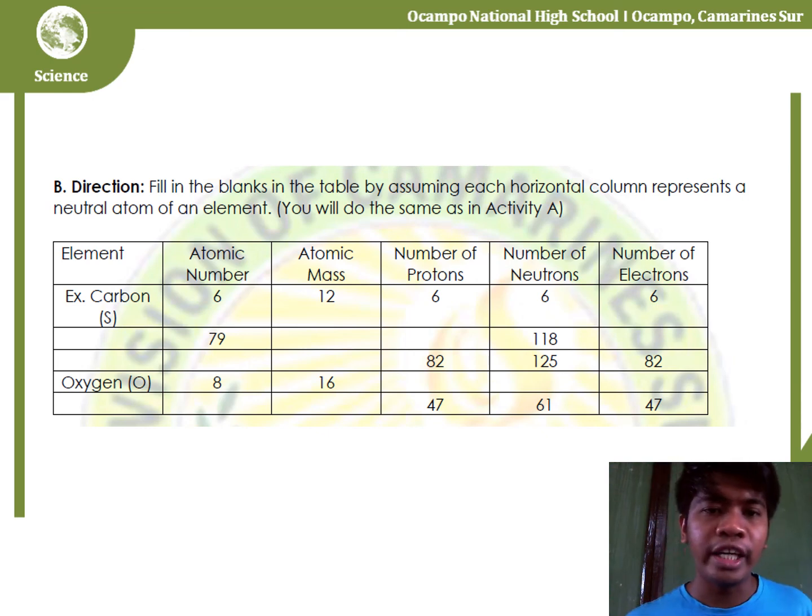Then, dito, i-identify ninyo kung anong element. Anong element ang mayroong atomic number na 79? Okay? Yung element na oxygen, ilan yung kanyang number of proton and number of neutron. So, you can use the periodic table as your guide.